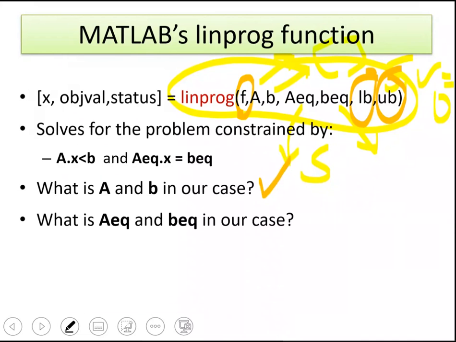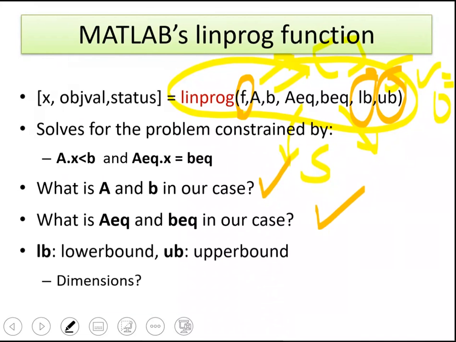We talked about this already. So let's talk about LB and UB. LB is a vector of lower bounds and UB is a vector of upper bounds for unknowns.